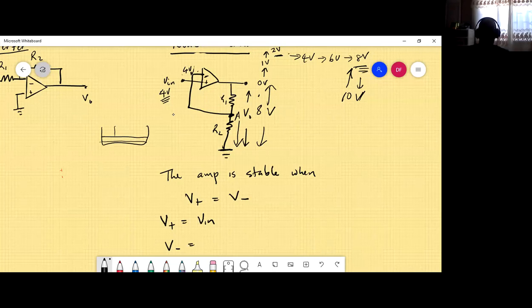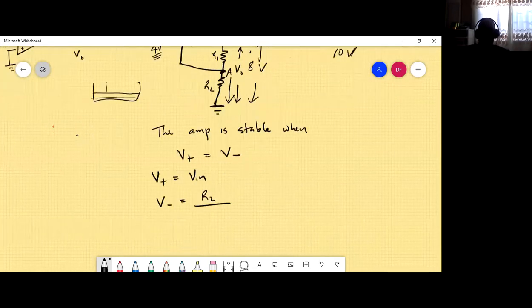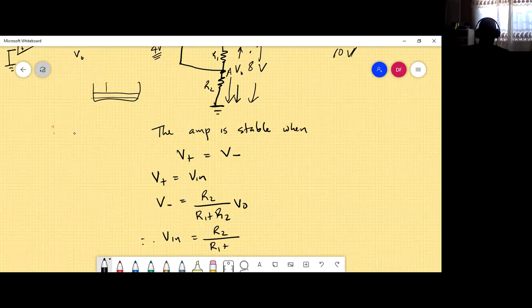So the voltage at minus is going to be R2 over R1 plus R2 times V out. So therefore, V in is equal to R2 over R1 plus R2 times V out.